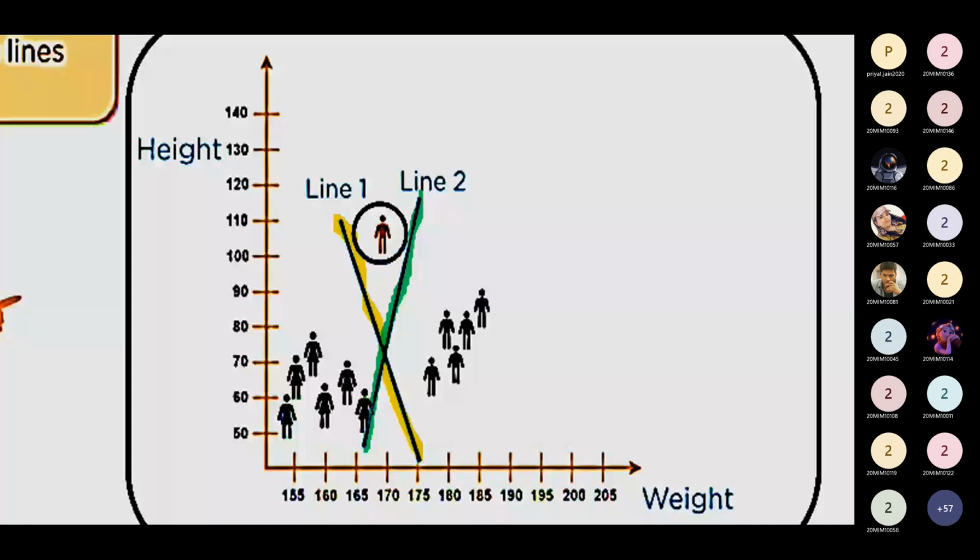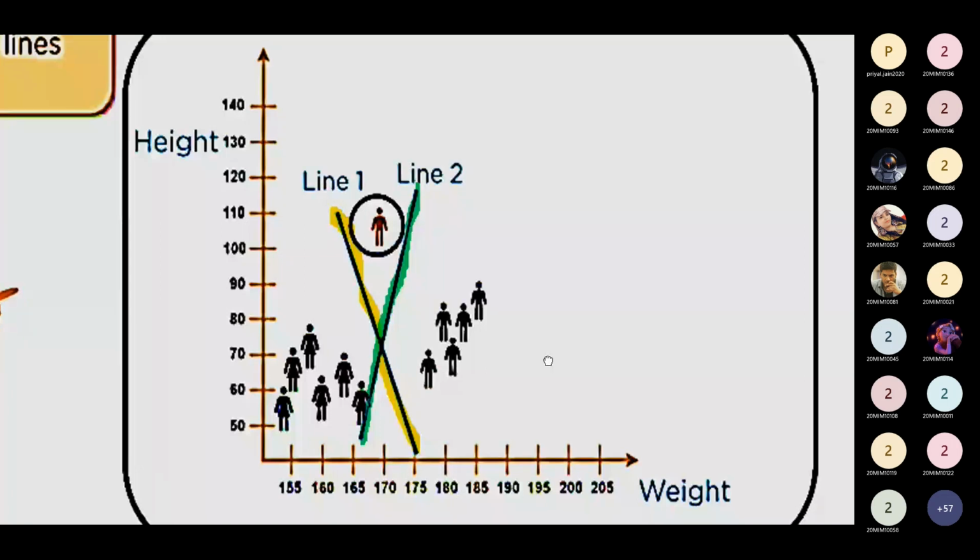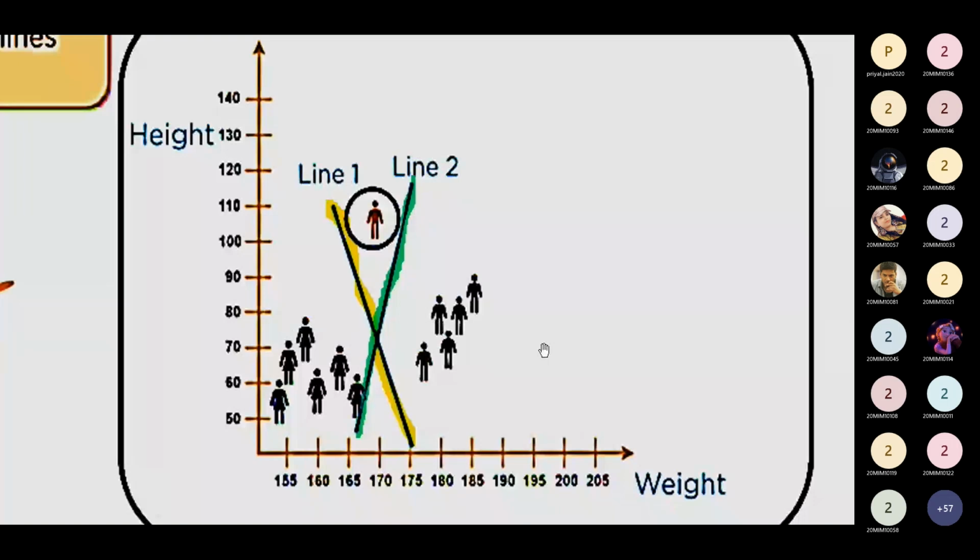Observe here: if I'm using line 1, then my newly inserted data will be part of the male group. If I'm using line 2, the green line, that defines my newly inserted data as part of the female group. Is it true?